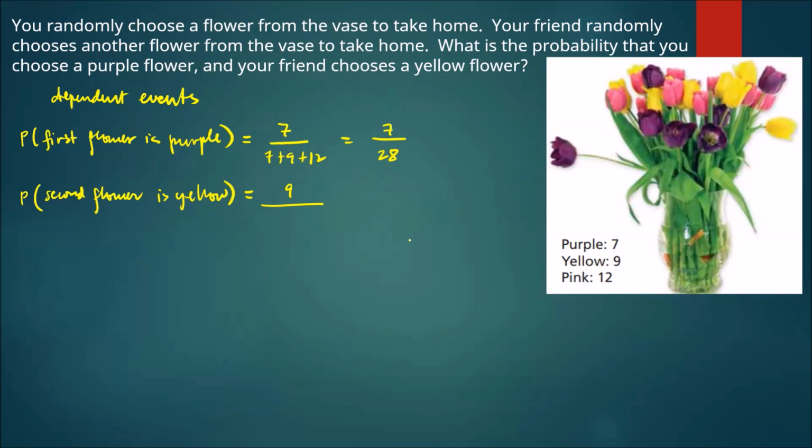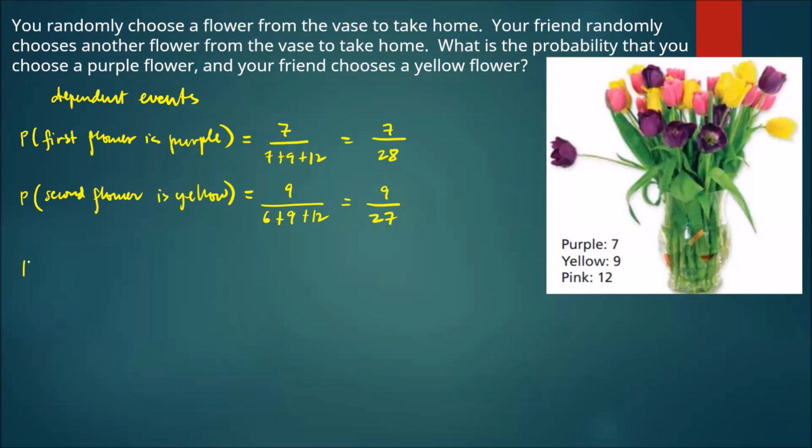How many purple flowers are there? Originally, there are 7, but this time, since you already picked the purple flower, it's now going to be 6, plus the yellow flowers will still be 9, and the pink flowers will still be 12. So therefore, in picking the yellow flower, that would be 9 over 27.